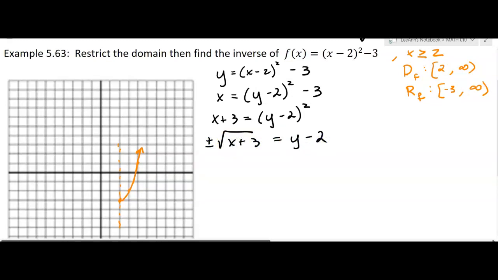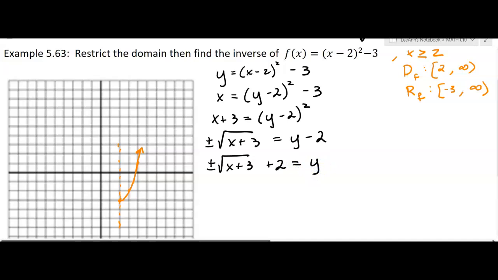We're going to have to decide which sign we want, the plus or the minus. We can go ahead and add the 2 over. Now when you write it this way, you want to make sure you don't put that 2 under the radical.